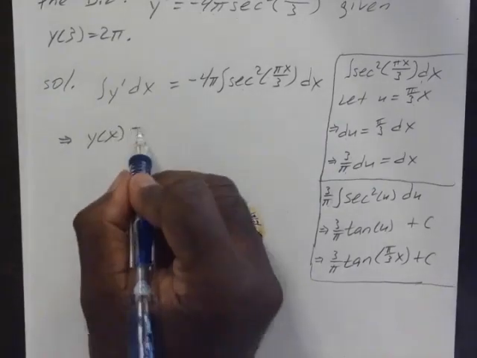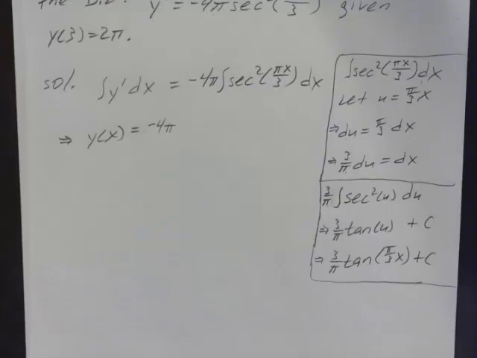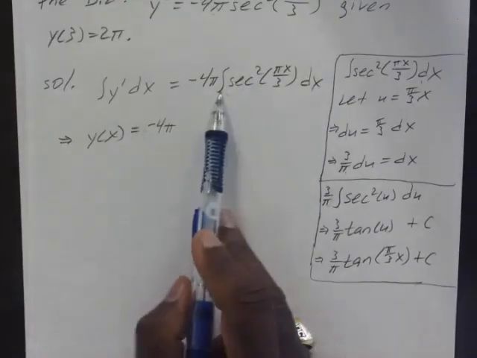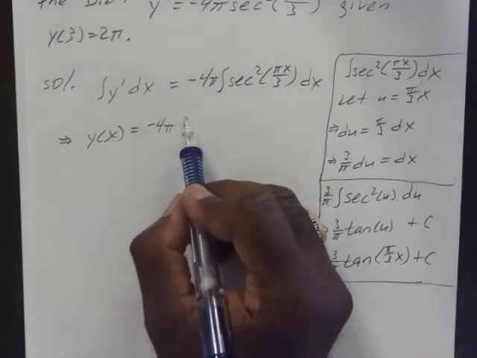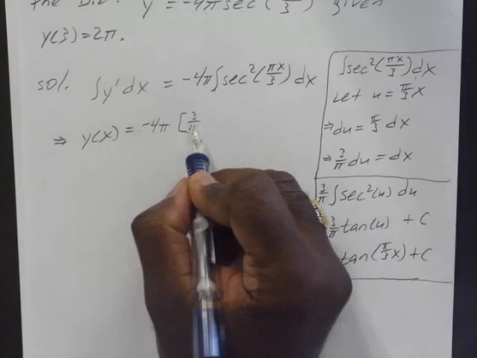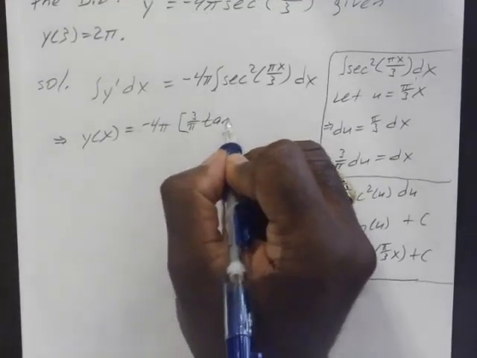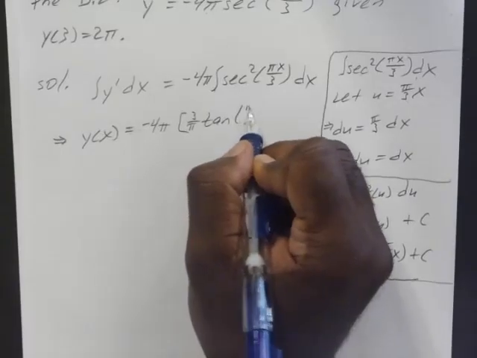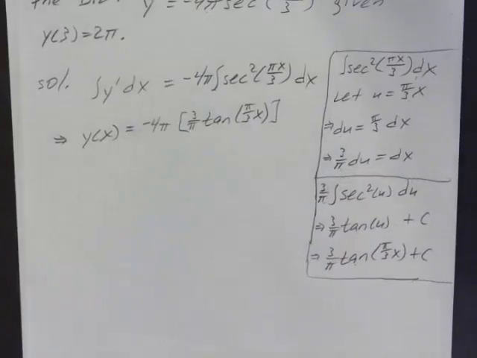So we know this is equal to negative 4 pi times the integral of secant squared of pi over 3 x, which we know is 3 over pi times tangent of pi over 3 times x plus c.